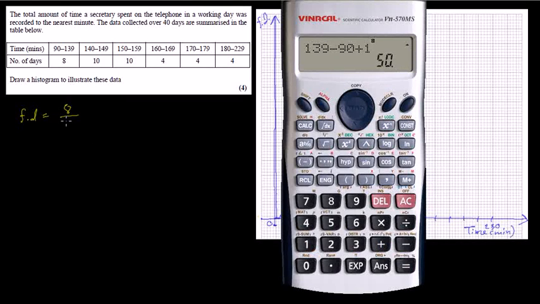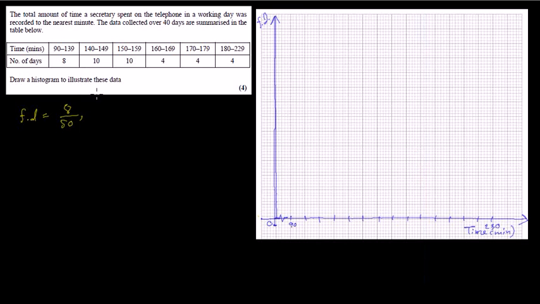So this is 50. So 8 divided by 50. Then we have frequency is 10 divided by class width is 149.5 minus 139.5. Because of the continuity correction, there is a gap in the data here. So 149 minus 140 is 9 plus 1, 10. Then we have 10 divided by 159 minus 150, which is going to be 9 plus 1, 10 again.